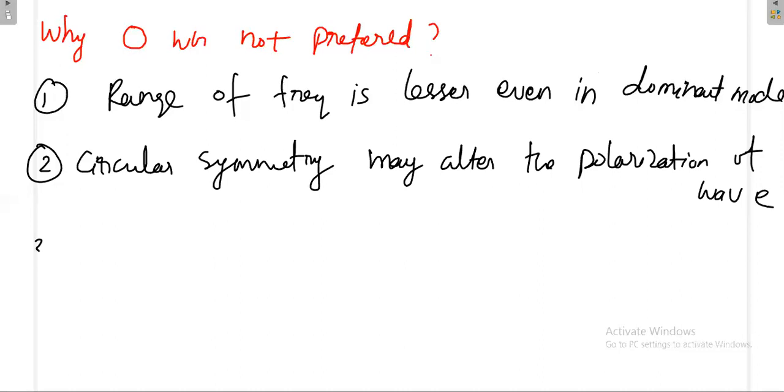Then the last one, and very, very important in the exam, the last question is based on this. The circular waveguide needs a larger cross-sectional dimension for the same operating frequency.